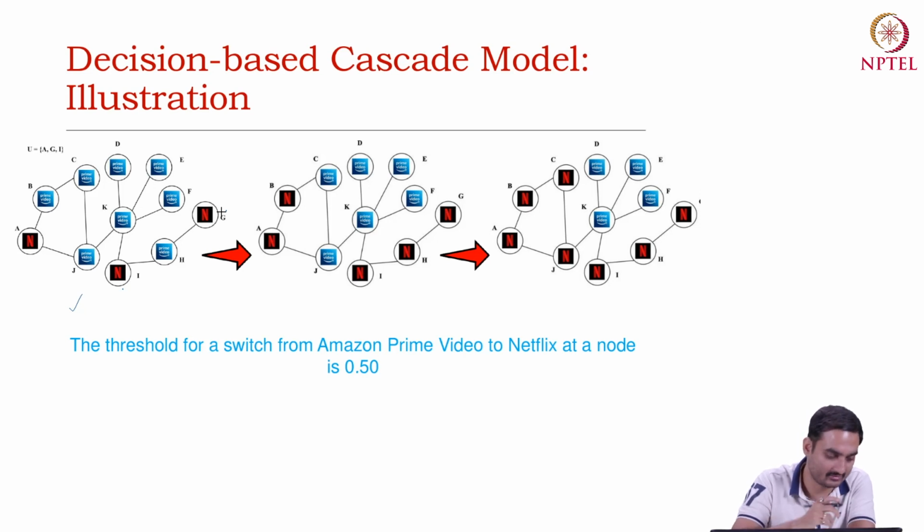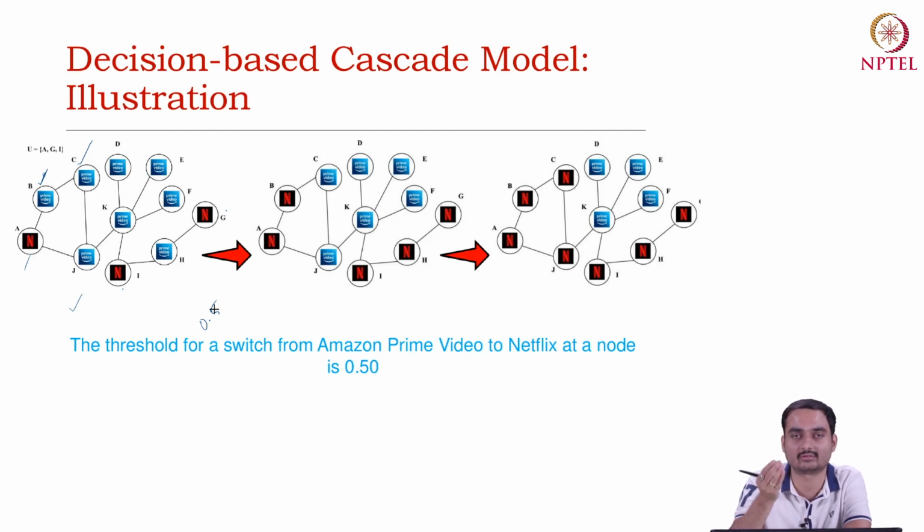So now let's look at how the remaining users would change their strategy. Let's look at this node, B. B has 2 neighbors, and let's say the activation threshold is 0.5. So if 50% or more than 50% of your neighbors have adopted a strategy, you would also adopt the strategy, right?